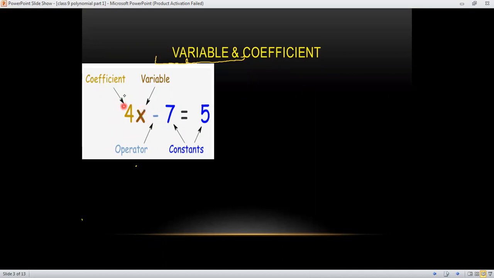So here 4 is coefficient and X is variable, whereas 7 and 5 are constant. And minus over here is operator. Operator can be plus, minus, multiplication or division.